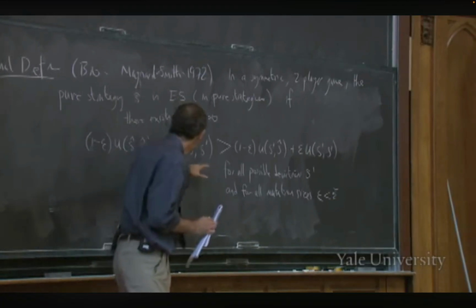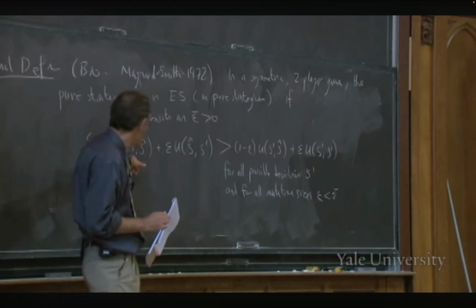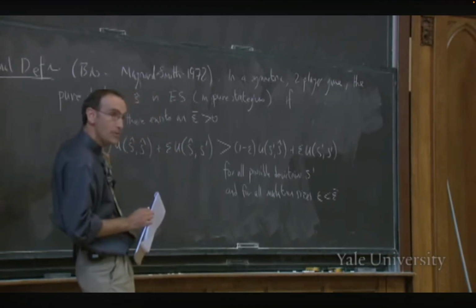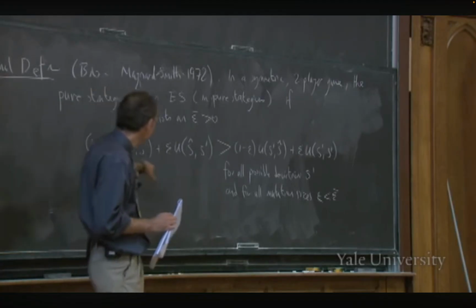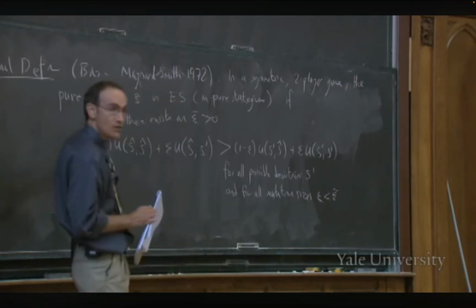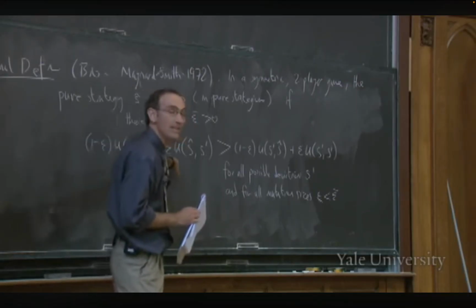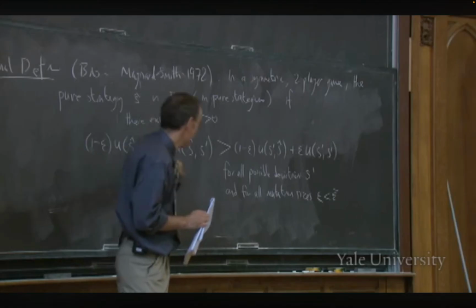Let's see why that's so. So this on the left is the payoff of S hat against a population in which 1 minus epsilon of the population, like it, is playing S hat, and epsilon of the population is like Rahul. Right? Because 1 minus epsilon of the time it meets something like itself, and epsilon of the time, it meets a TA. All right?